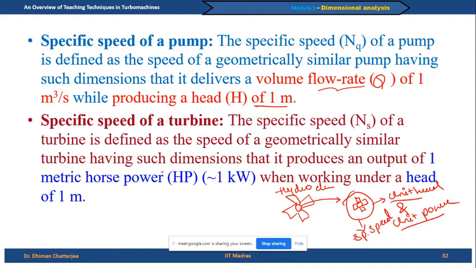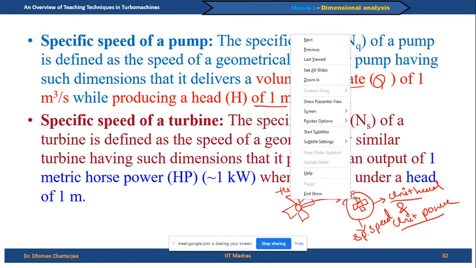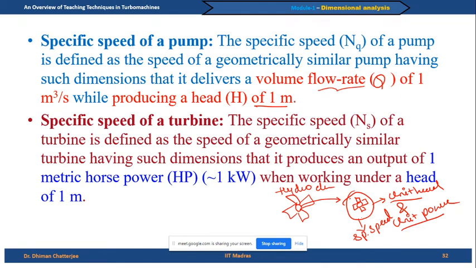So what do we mean by specific speed of a turbine? It is the speed of a geometrically similar turbine which works under unit head and develops unit power. Are you getting this? That is the meaning of the specific speed of a turbine. The same goes with the specific speed of a pump.